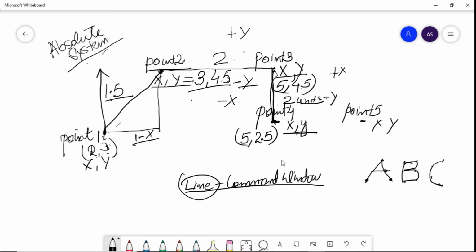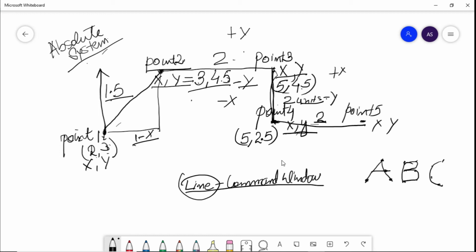Next we are going to reach point 5. So there is only the movement of x value in the positive x direction, not in the positive y, not in the negative y. For example, we have moved a distance of 2 units, meaning the length of this line is 2 units.